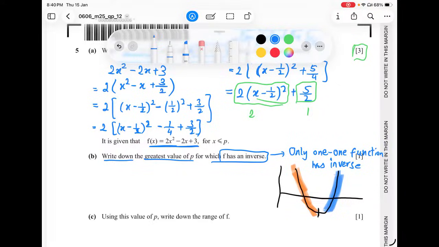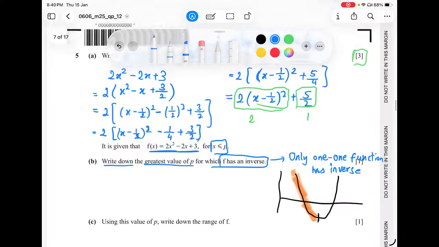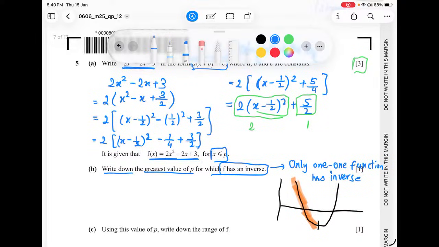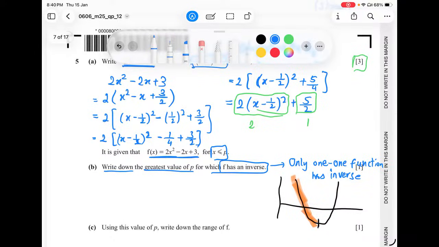So that means they have already given you the range of x. They are saying that they will take this orange part, so x is less than this minimum point. That minimum point can be directly found from the completing the square form. And since you just need to write the x value, p should be equal to a half.